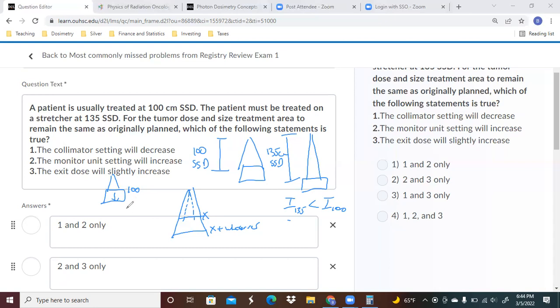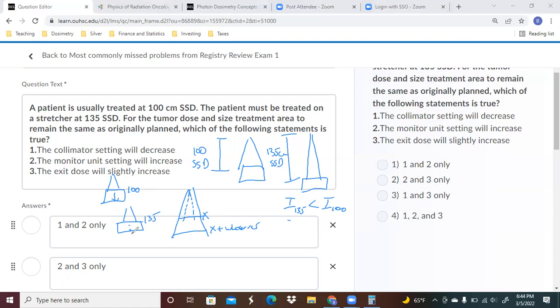The further away that this phantom is, and at this point it is at 135, what you're going to see is that the PDD, the exit dose, what you see down here, is actually going to increase slightly, because when this SSD increases, the PDD also increases as well.